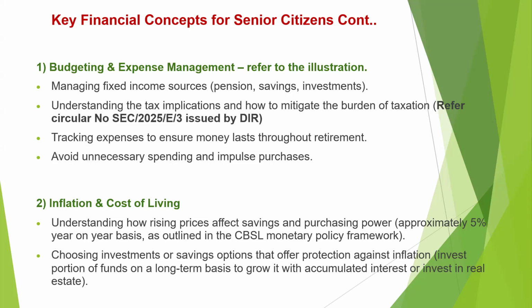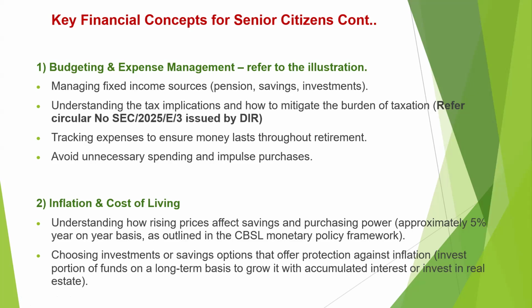So I have a small illustration on that, and based on it, you may be able to understand what exactly we're supposed to do. Then avoid unnecessary spendings and impulse purchases. That is also one of the key areas. If you have money in hand upfront, you may be tempted to spend it, right?